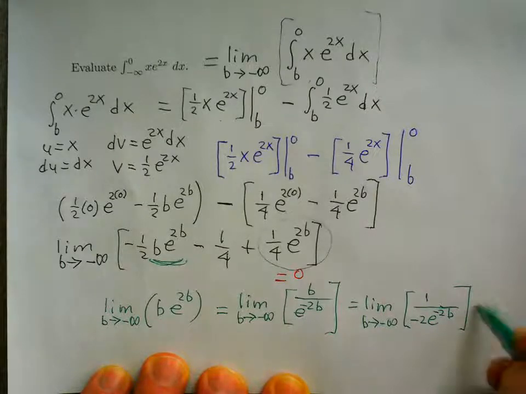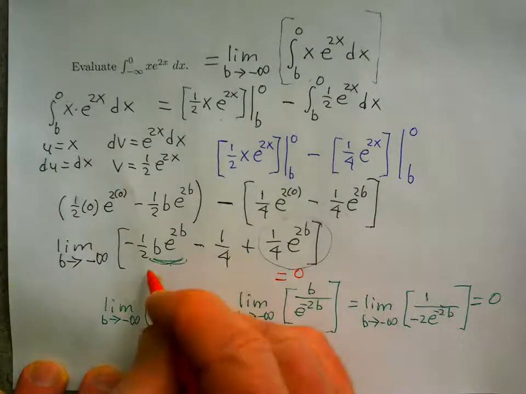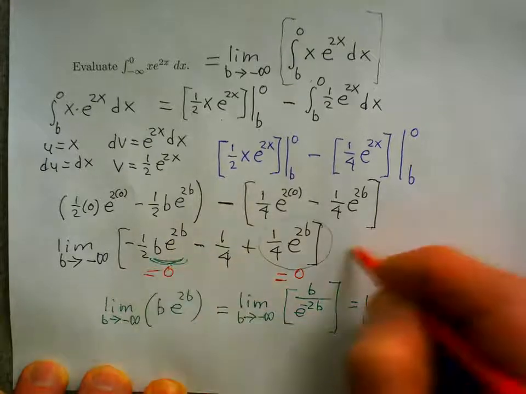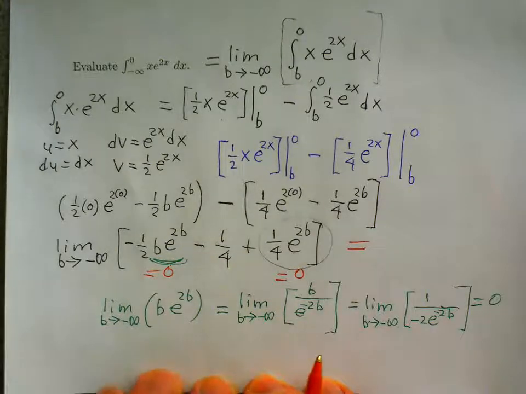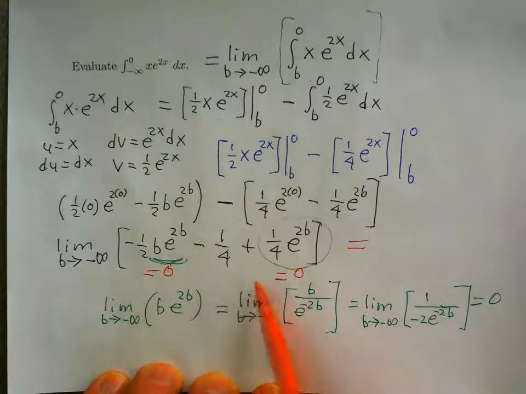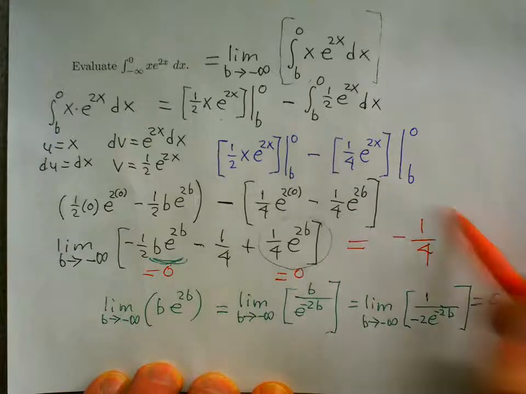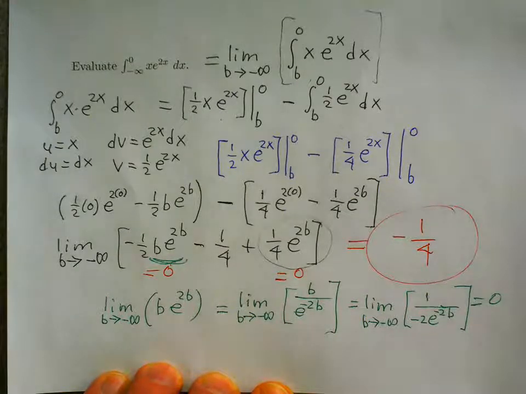So this limit is 0. So this term in the limit becomes 0. So our surviving number is negative 1/4. 0 minus 1/4 plus 0 is negative 1/4. So the value of the limit turns out to be negative 1/4.